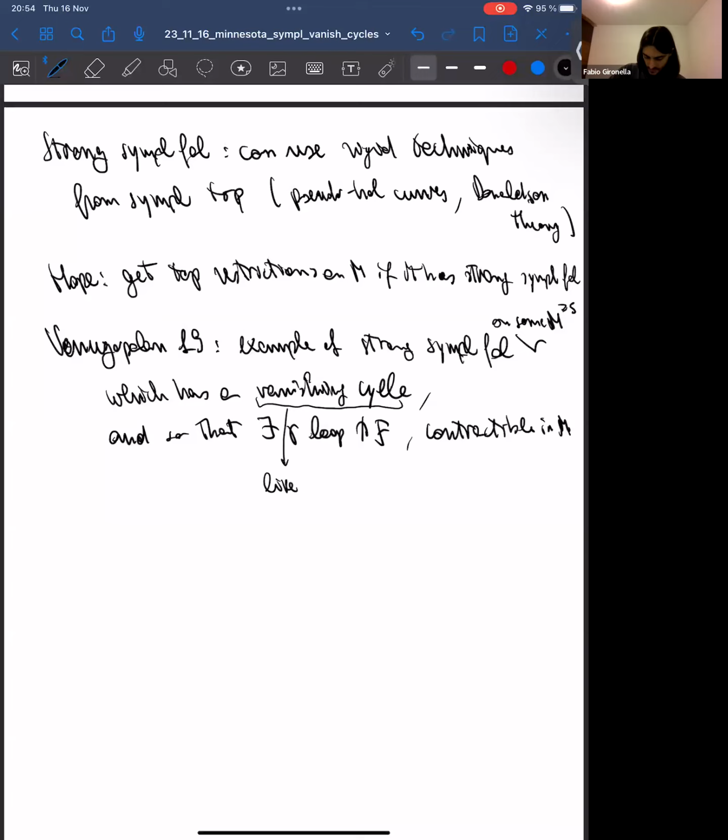I just mean that there's a disk which is foliated in this way, so that the boundary leaf is not contractible in the leaf where it is contained, whereas all the leaves in the interior are.